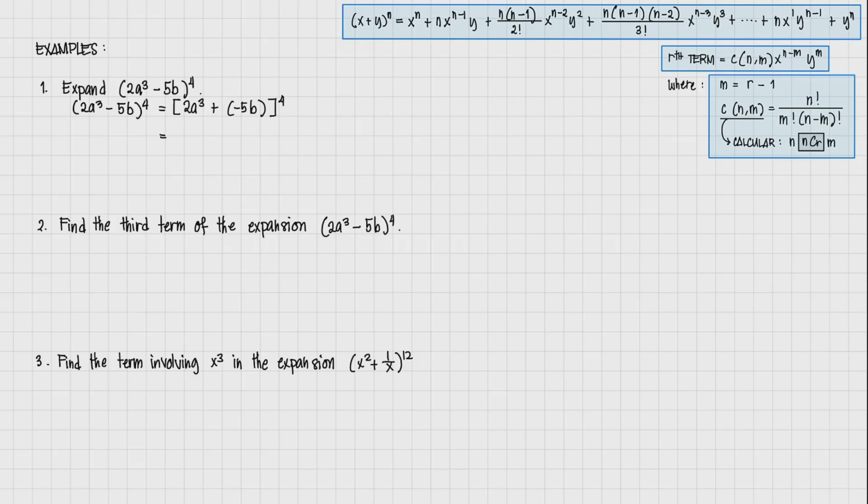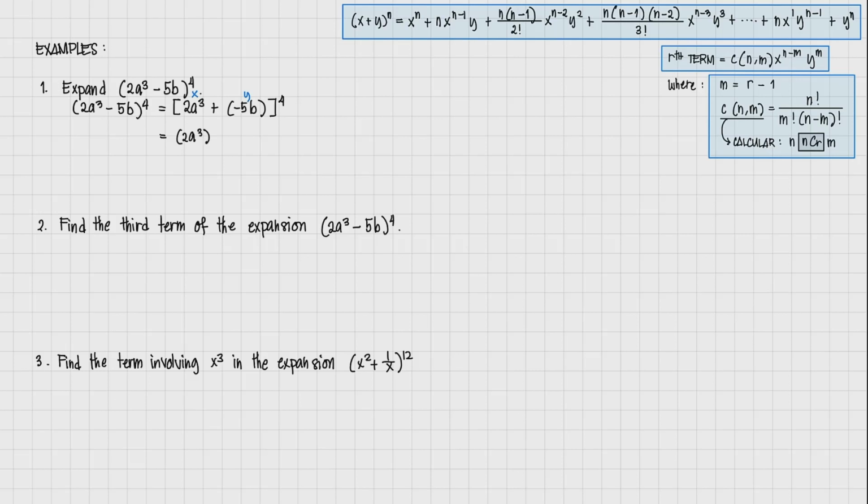So let's try this out. For the first term, this is now our x, and this is now our y. So i-write natin. So x raised to n, you have 2a raised to 3.